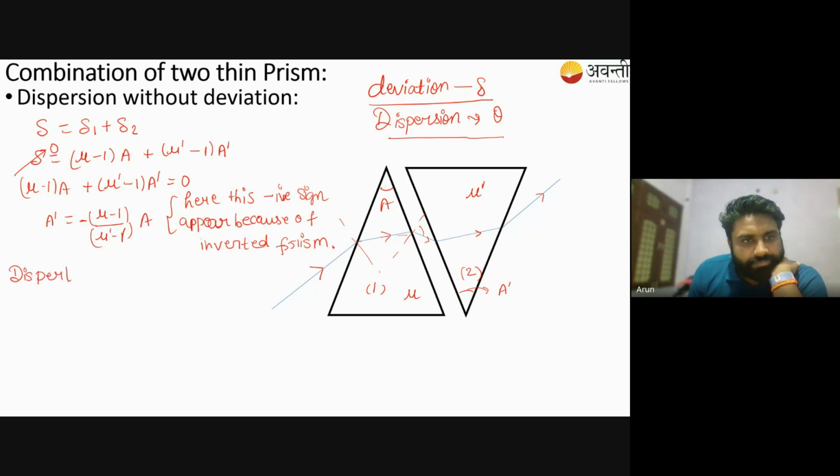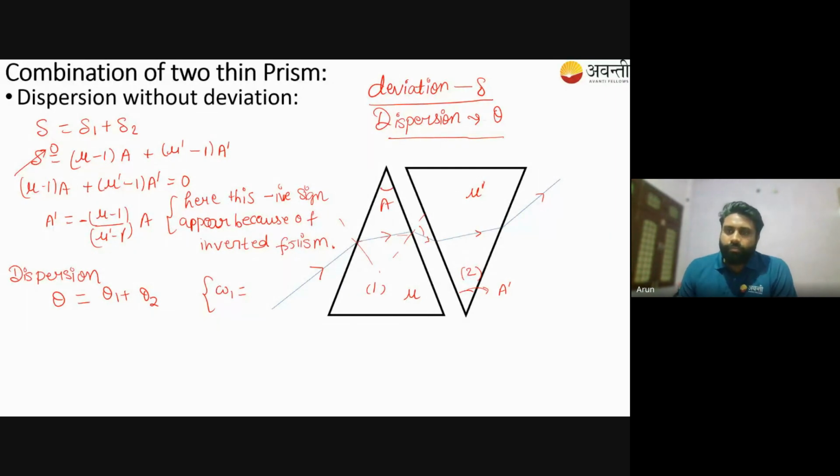Dispersion here is theta equals theta 1 plus theta 2. We know that omega 1 is equal to what? What should be the value of omega 1? It is the dispersive power that we have discussed. Dispersive power is angular deviation or dispersion divided by mean deviation.